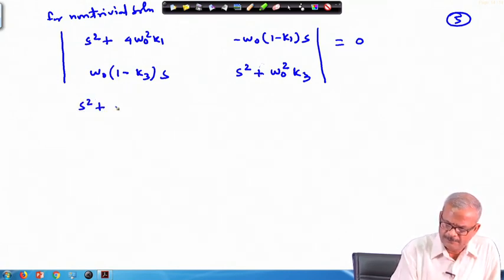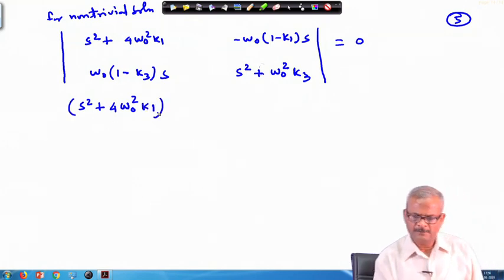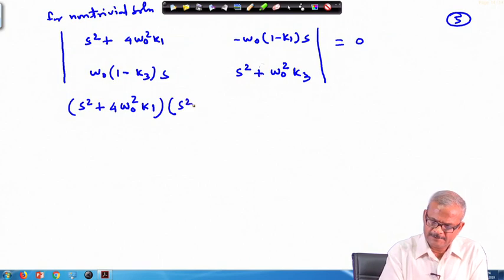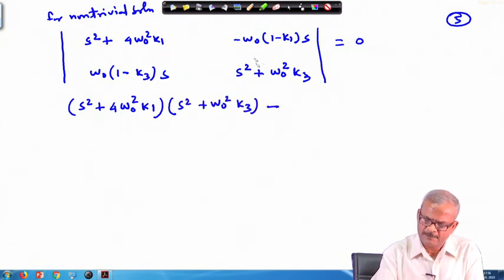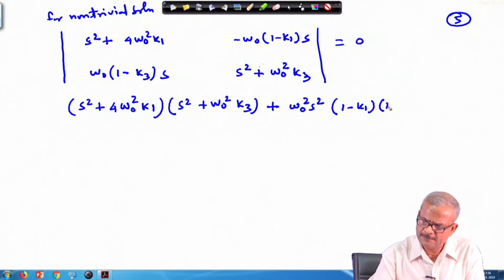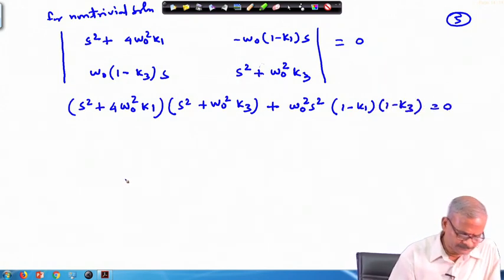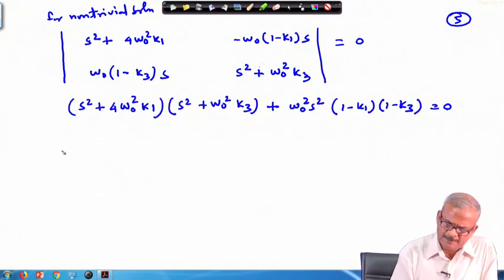I hope you are aware of all these properties of the matrix, because this is the preliminary requirement for this course. Okay. So, the quantity s square plus omega 0 square k 3, and then this becomes plus s square times 1 minus k 1 times 1 minus k 3, this equal to 0. And we need to expand it and work it out.